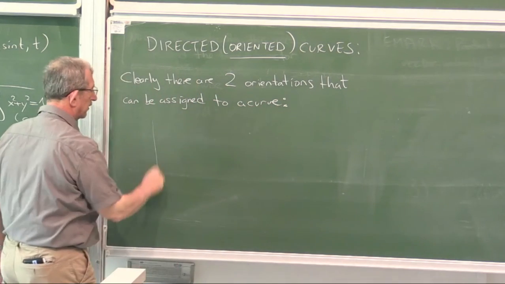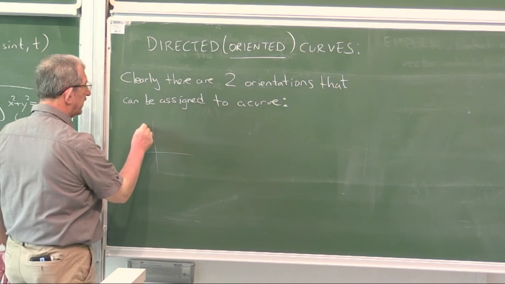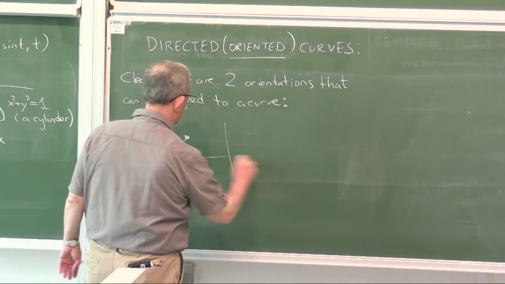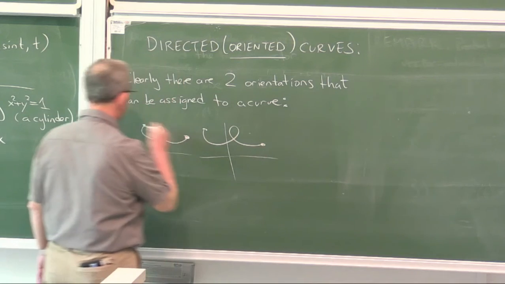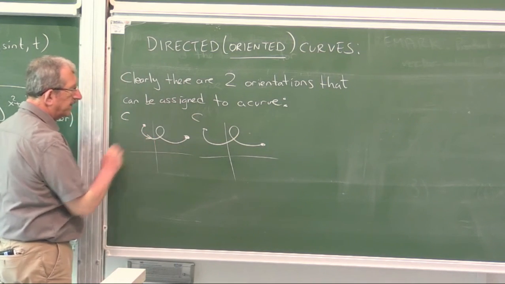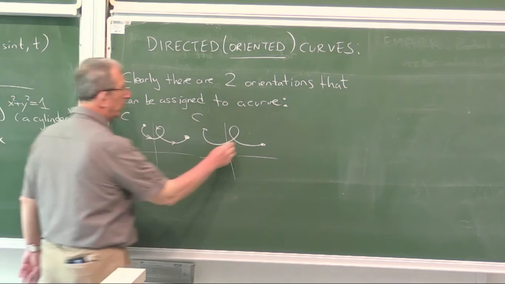Namely, let me give an example from plane. Say you have such a curve, and you have the same curve. It's the same C. But this goes like that, and that means, of course, this one, or the opposite.